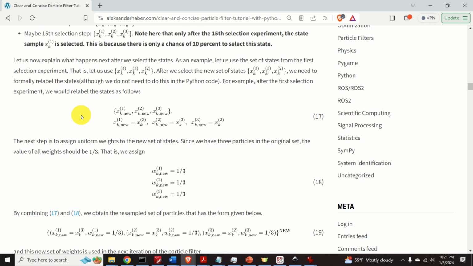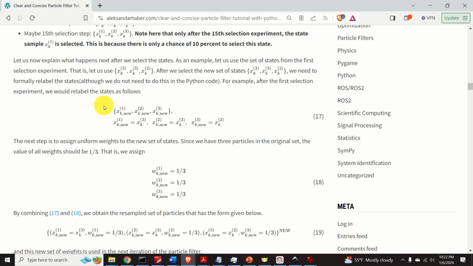For example, after the first selection experiment, we would relabel the states as follows. xk3 will become xk-1 in the new set, xk3 in the old set will become xk-2 in the new set, and xk2 in the old set will become xk-3 in the new set. Consequently, we have a new set of states xk-1, xk-2, and xk-3.